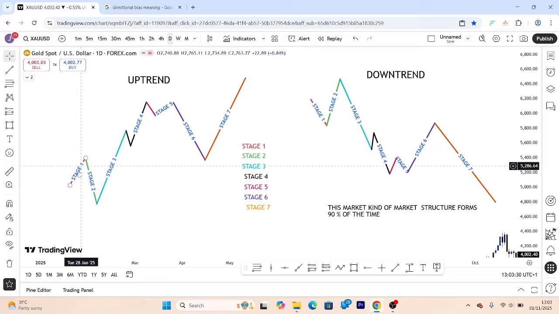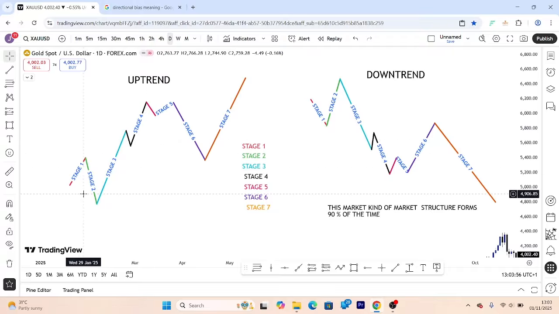So the purpose of us doing this stage by stage is that, for us to understand the directional bias, we need to look at the higher time frame. And when we're looking at that, we now need to understand which stage the market is at on the higher time frame. Us understanding this stage will make us know whether we are actually selling or buying.